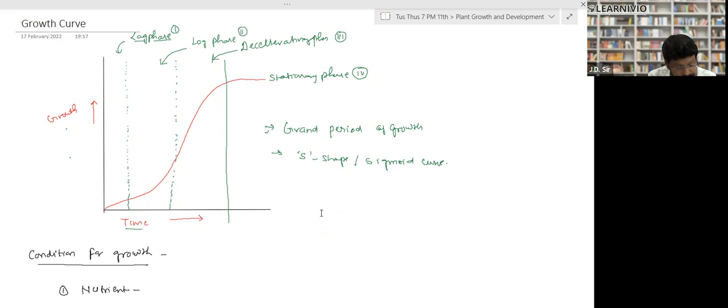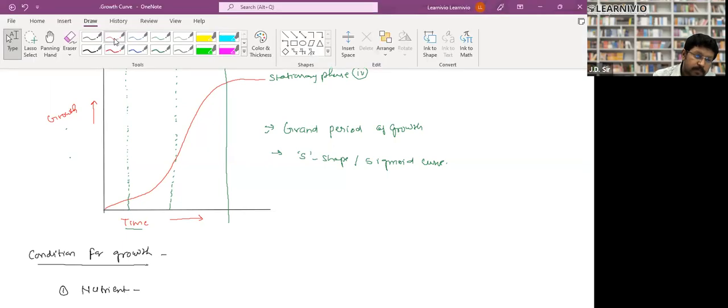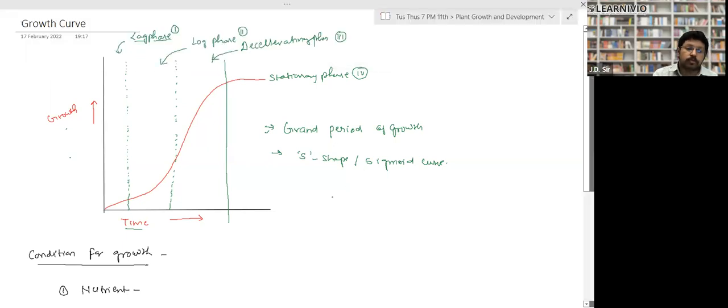Full stop. The graph shows S-shaped or sigmoid curve, right? So this was the growth curve.